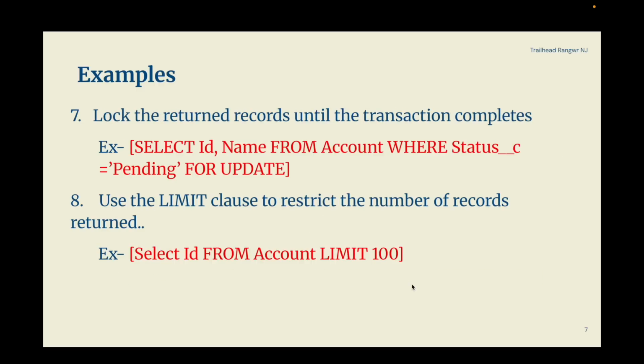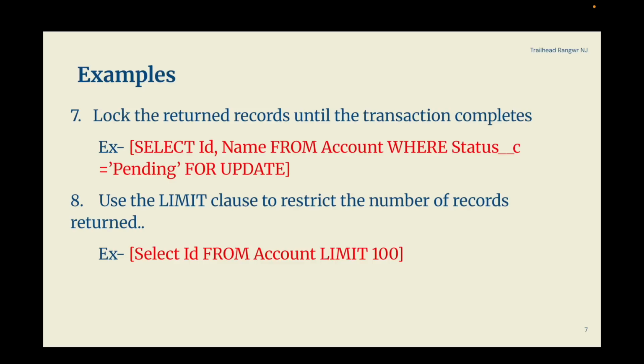So now next is lock the returned records until the transaction completes. Suppose there is a requirement in your logic that if you are performing some DML operation, maybe insert, update, or anything, at that point of time you want those records to be locked, so that no other operation is performed on those records, to avoid confusion or overriding of your changes.